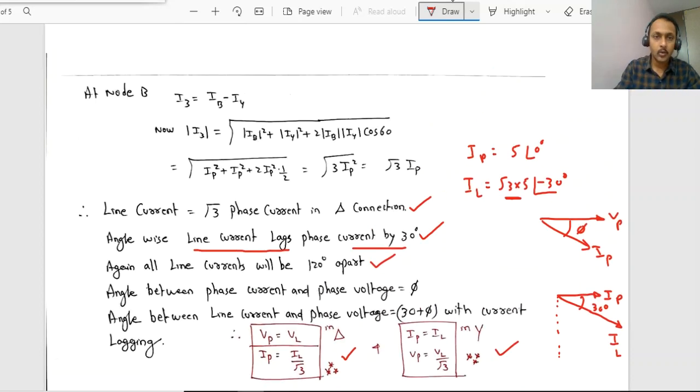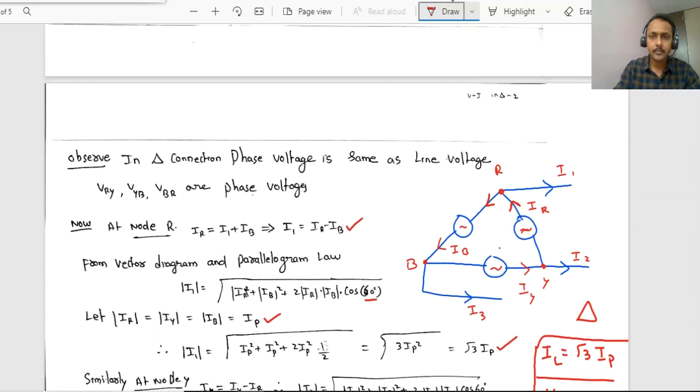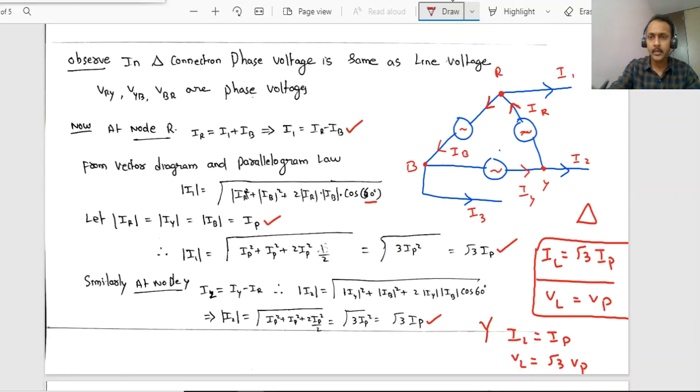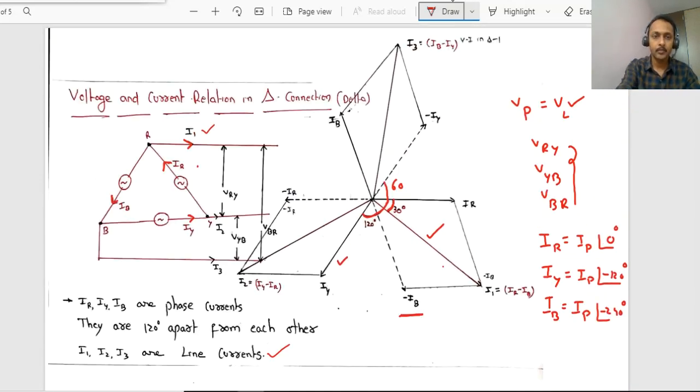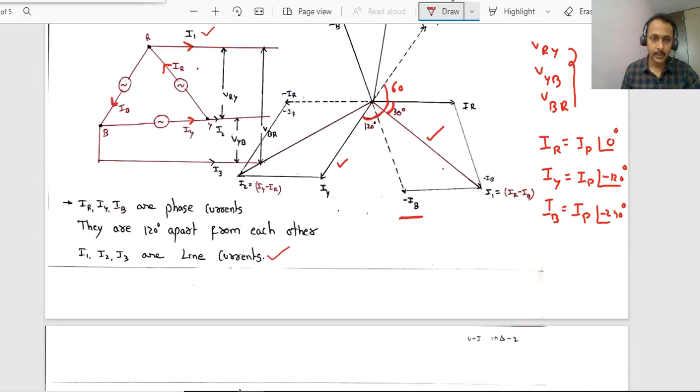Clear? So just simply we will apply KCL at this node point and we will draw this diagram and we will specify the values of IR, IY, IB as phase currents and I1, I2, I3 as line currents depending upon the diagram. In some textbooks they may follow IA, IB, IC or some other notation.